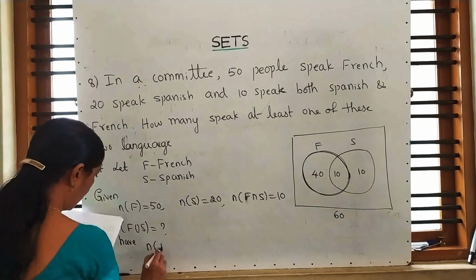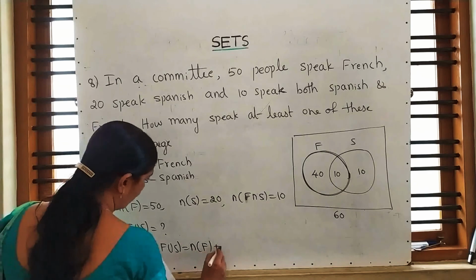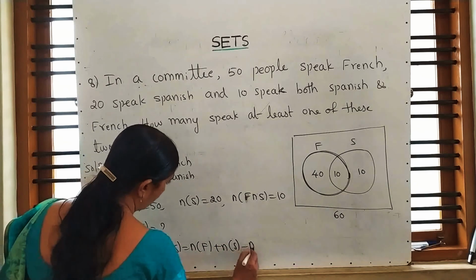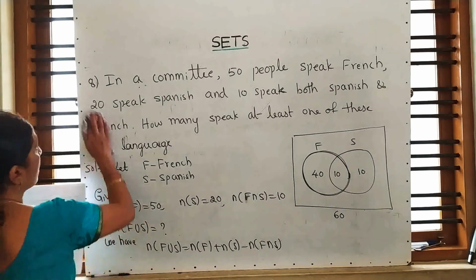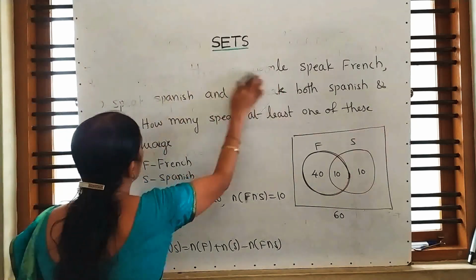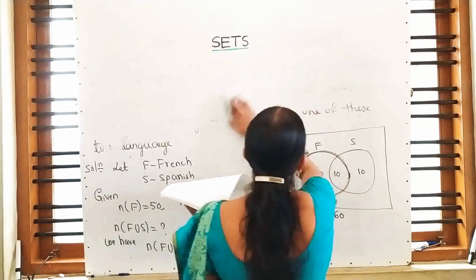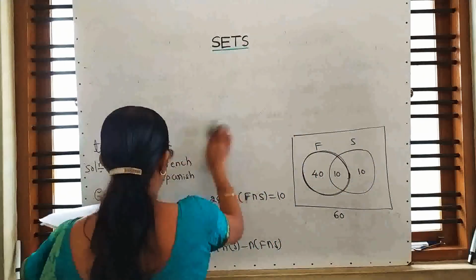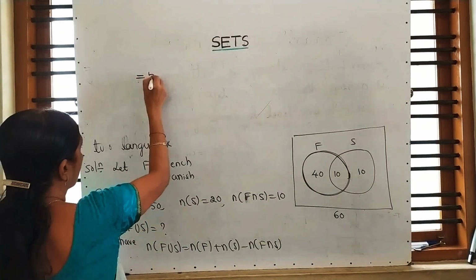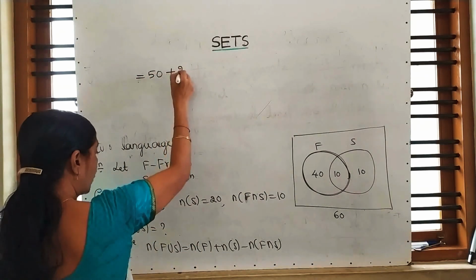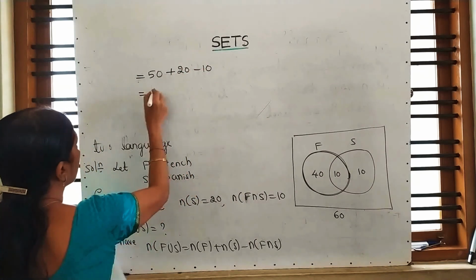We have N of F union S is N of F plus N of S minus N of F intersection S. Correct or what? Very simple. The only thing is you have to read the question carefully and answer. So N of F is 50 plus 20 minus 10. 70 minus 10 is 60.